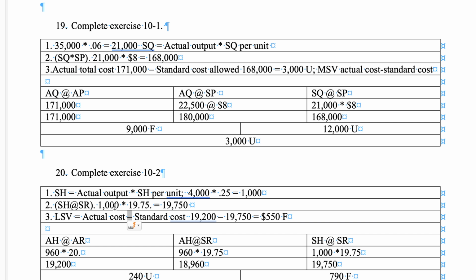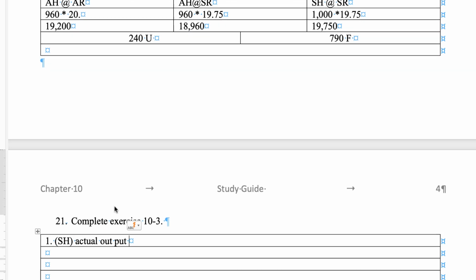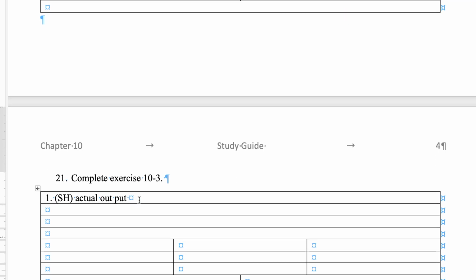I take the actual output times the standard hour per unit. Okay, so the actual output times the standard hour per unit.